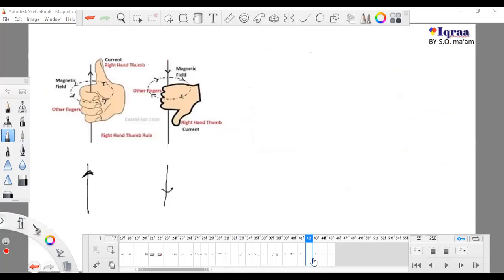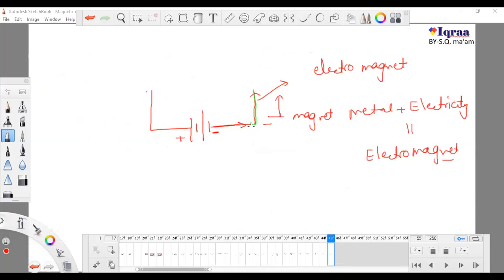Just consider that this is the south pole and this is the north pole. This copper wire is no longer just a metal, it is an electromagnet because it is present with electricity. So there will be magnetic field lines in a particular direction.